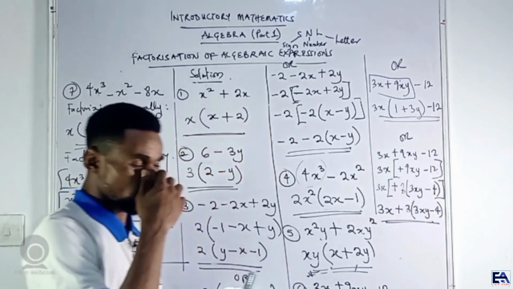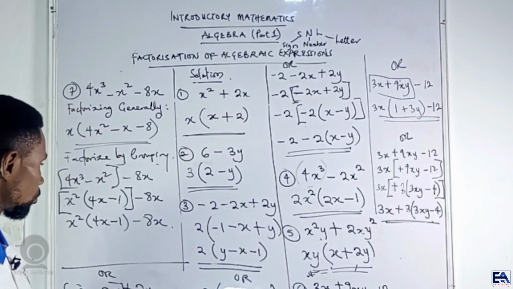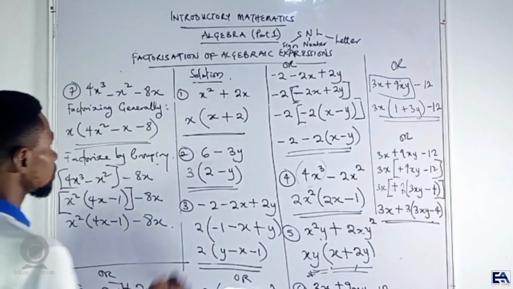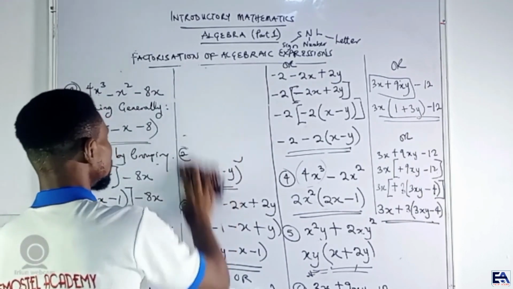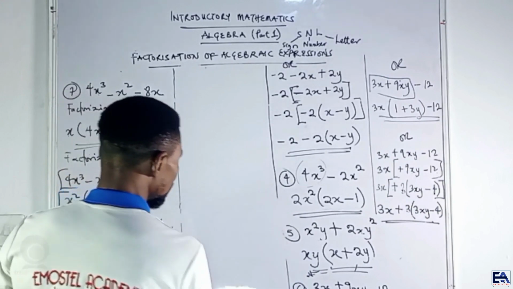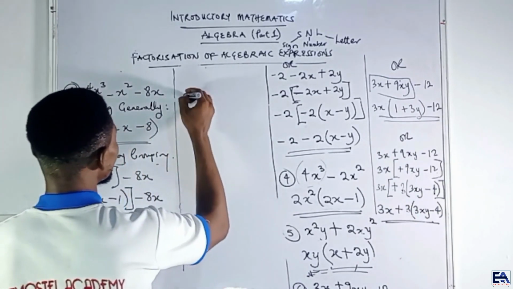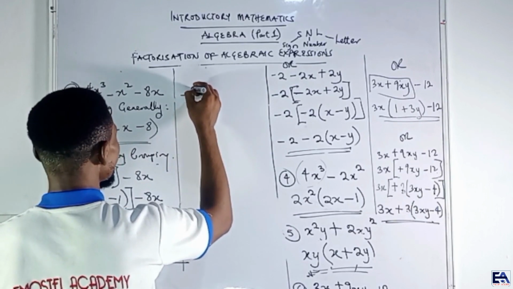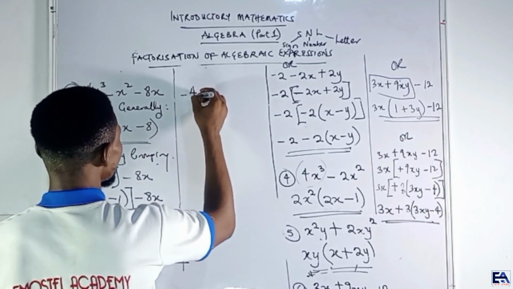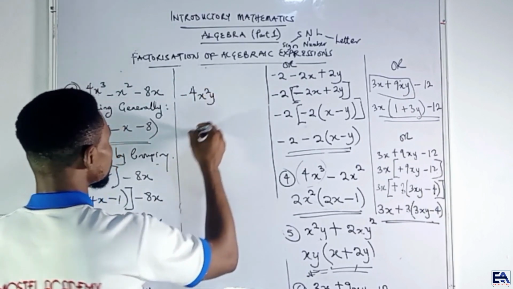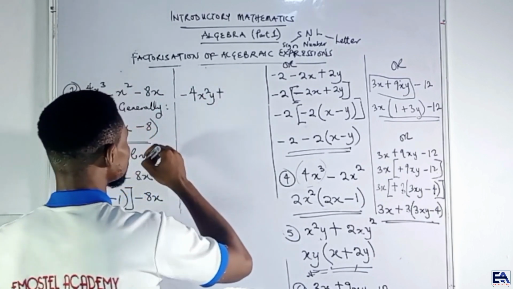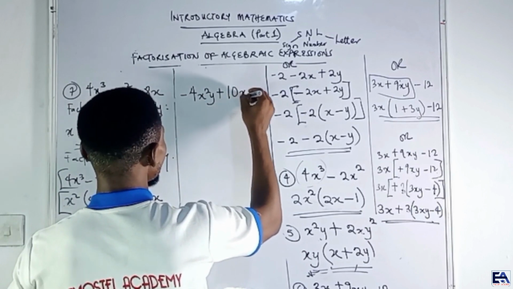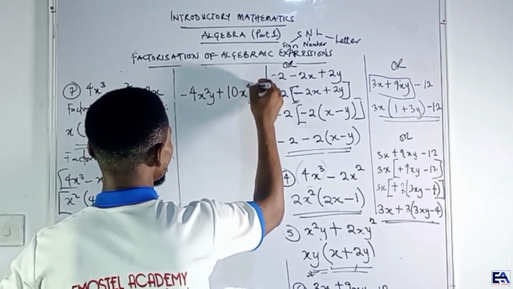A bonus kind of question, something I just want to bring to your notice. We could have some kind of cases. Let's consider this kind of case, for instance: minus 4x squared y plus 10x cubed y squared.